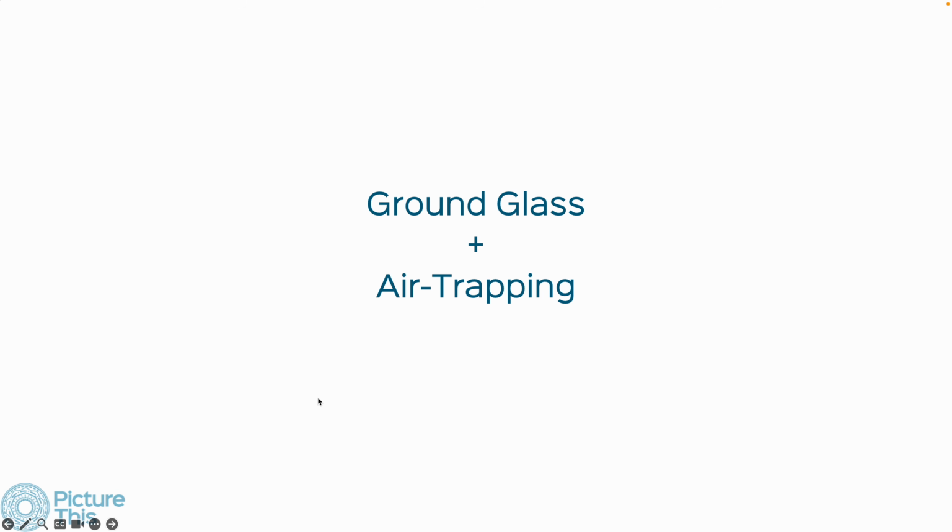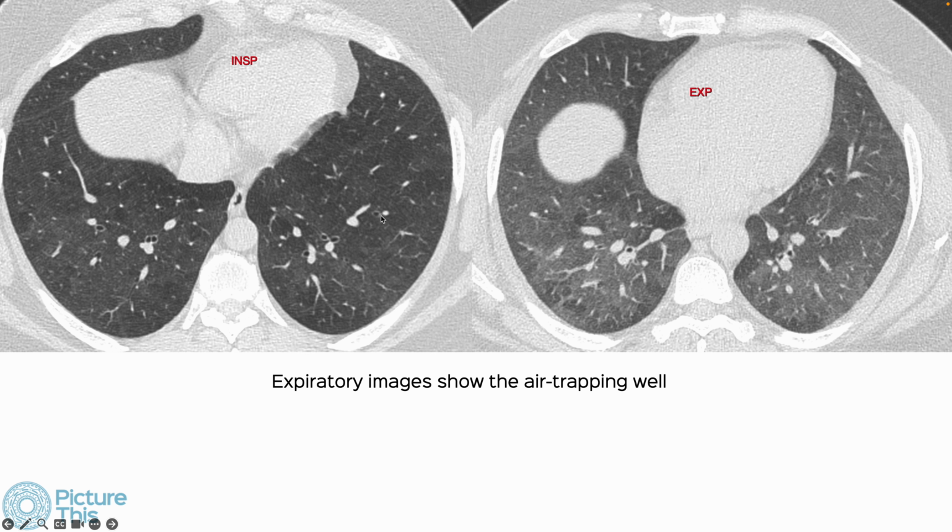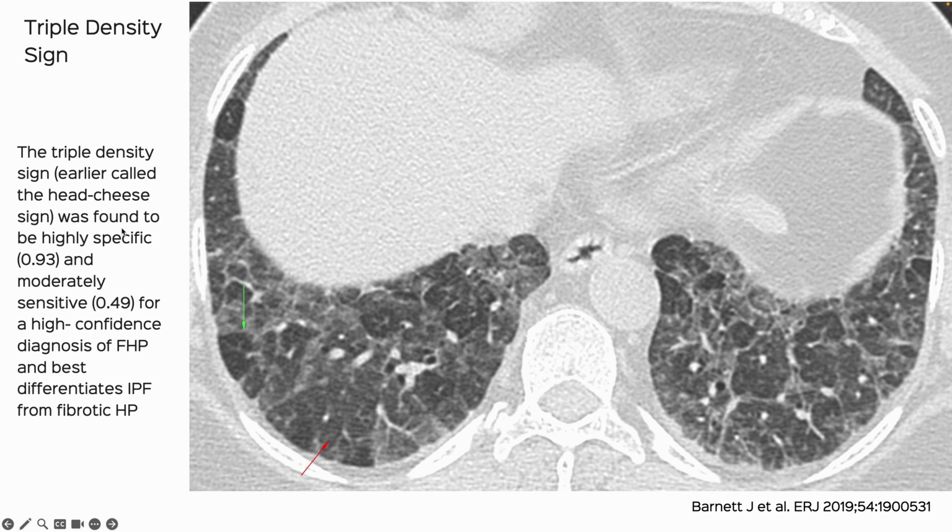Now, ground glass can occur on its own, or it can occur with additional findings. So, ground glass plus air trapping that you see here is typical of hypersensitivity pneumonitis. Now, that often presents as the 3 density or the triple density sign, which earlier used to be called the head cheese sign, where we may see normal lung, lucent lung, and ground glass in the same image or the same section.